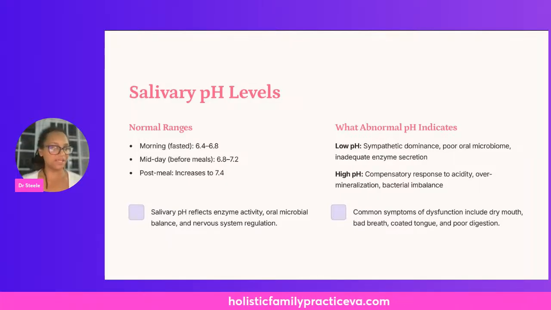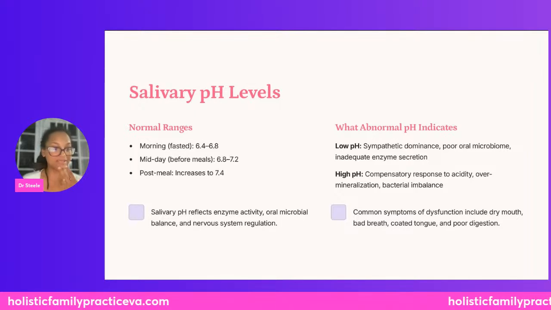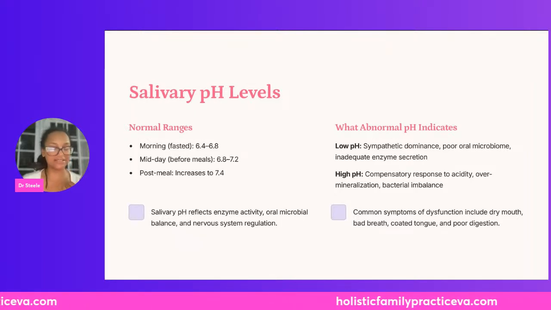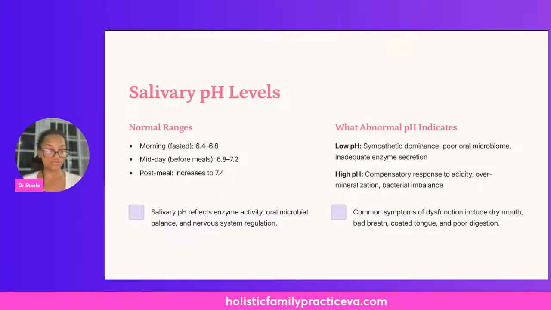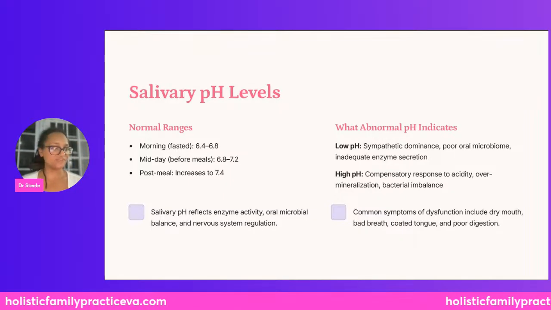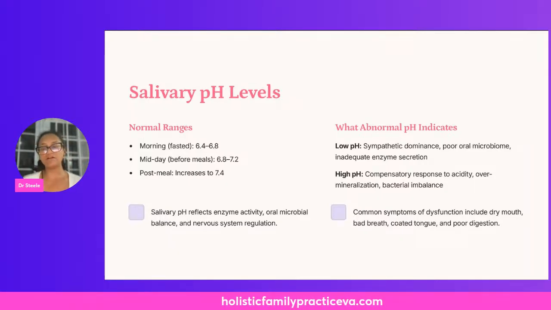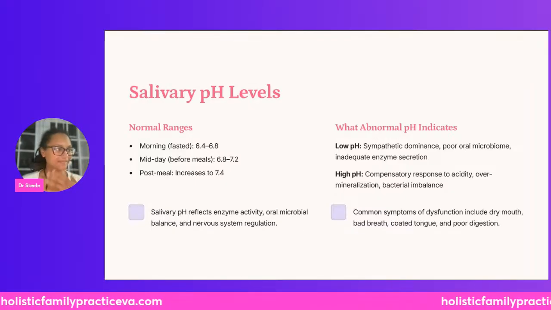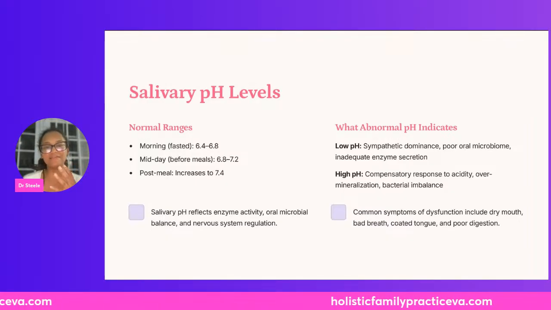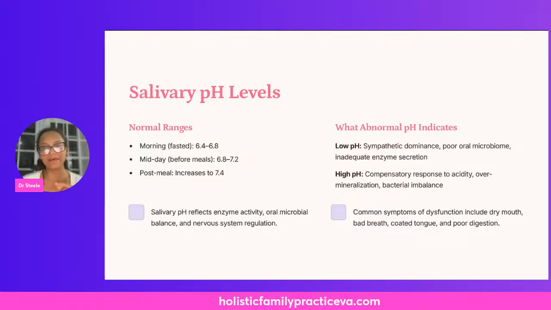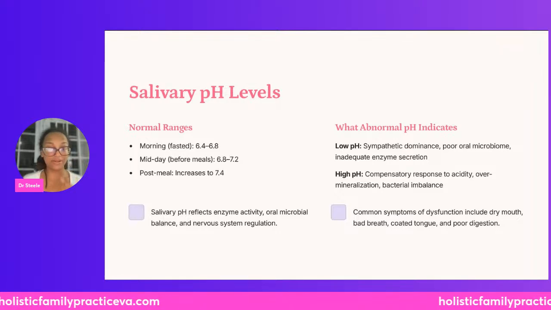Remember, your salivary pH indicates enzymatic activity and oral microbial balance, meaning if there's any sort of bacteria or things like that growing in the mouth. It's also an indication of nervous system regulation. Low pH levels indicate sympathetic dominance, so that fight or flight response, a poor oral microbiome, meaning the bacteria in the mouth is not balanced, and naturally inadequate enzymatic secretion, so not enough of your enzymes to actually break down food.